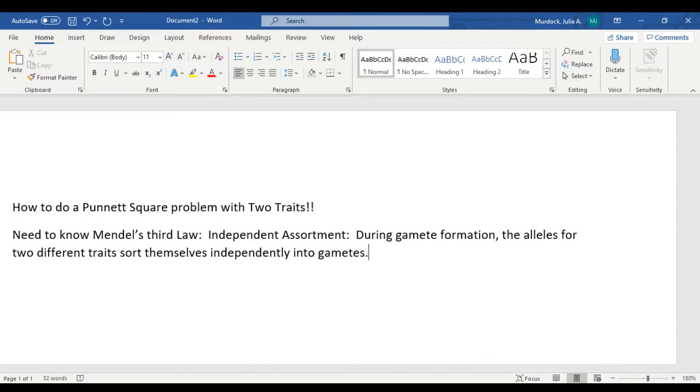And that probably sounds like Greek. So what we need to do is really do an example to explain to you what's going on with that.